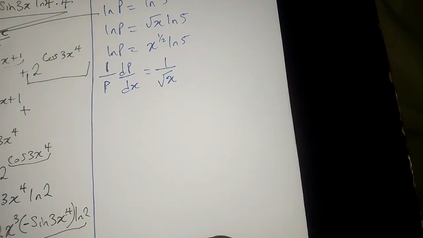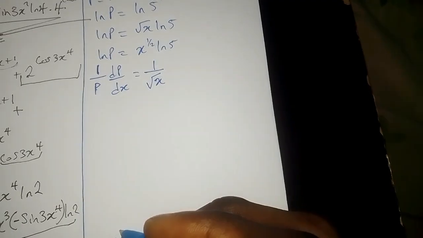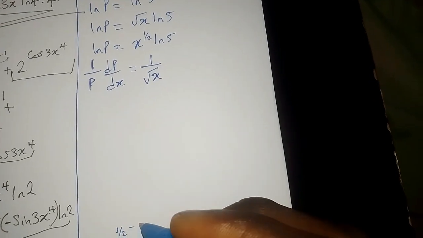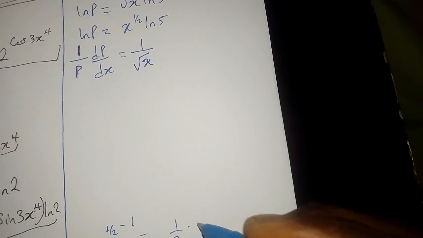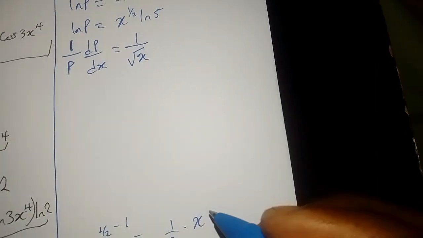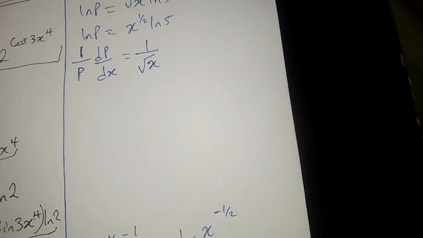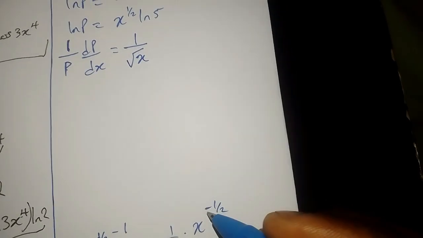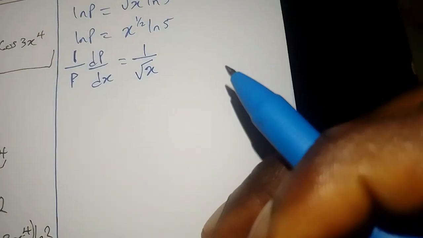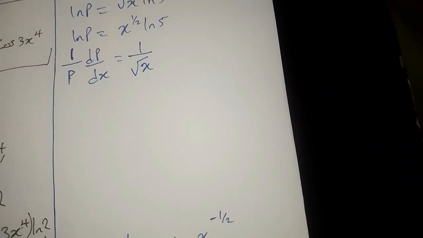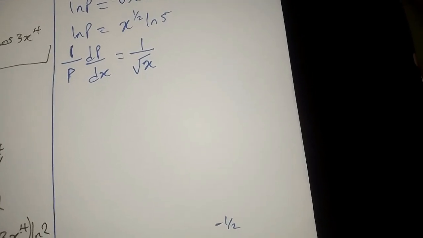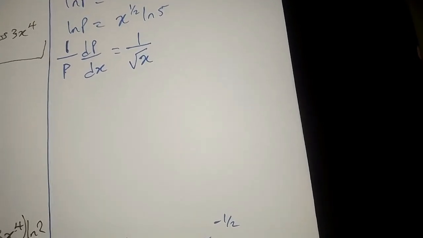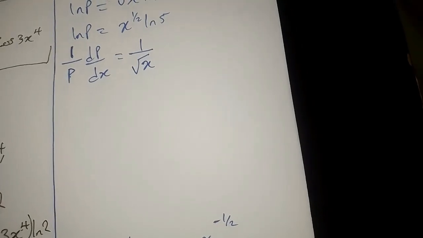So that's 1 over 2 multiplied by x raised to power half minus 1, that's minus half. Whenever I have a minus, I can bring it down. That will be 1 over 2 multiplied by 1 over x raised to power 1 over 2. Anything raised to power half is the square root of that number. That's square root of x.